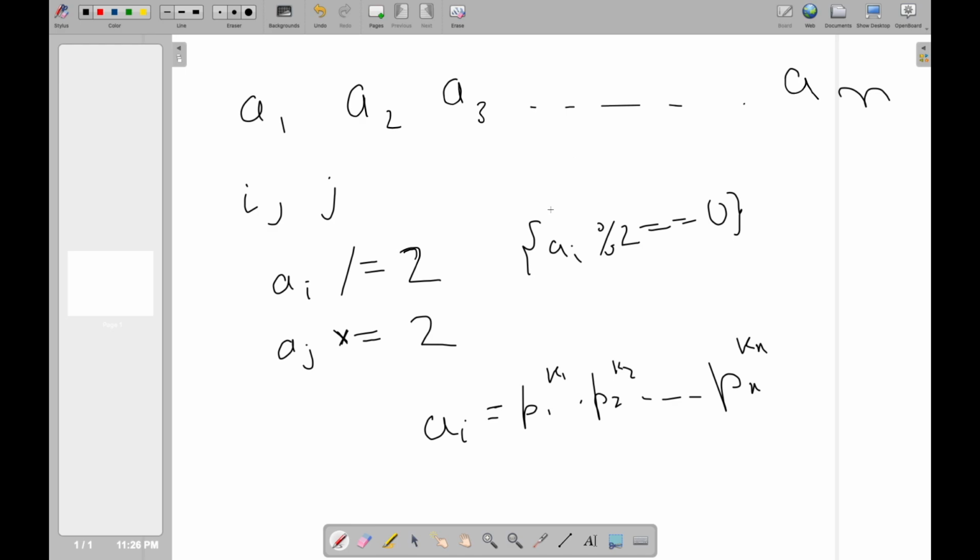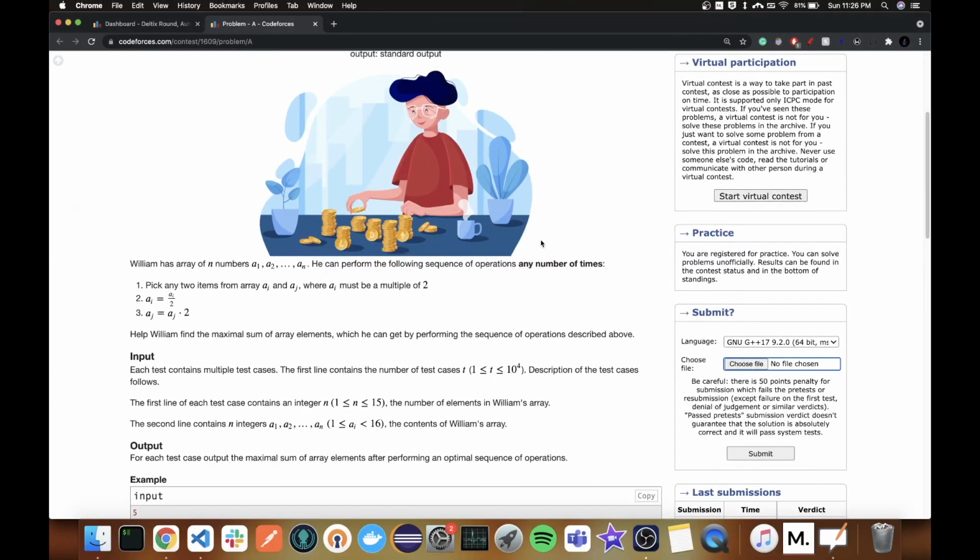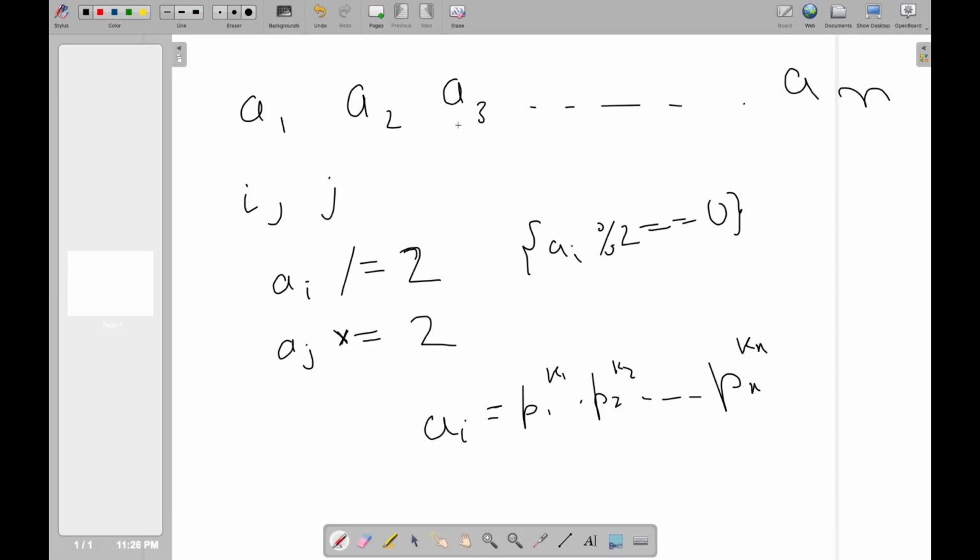without any 2 multiplier. What I'm doing is taking all these numbers and counting how many 2's are multiplied in all of them. Let's say k times, then remove all of them from these a.